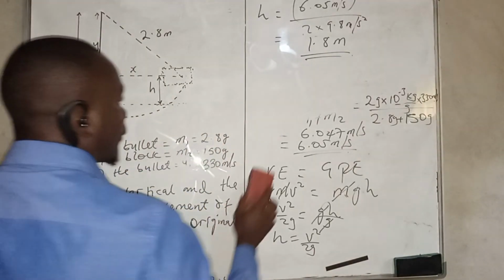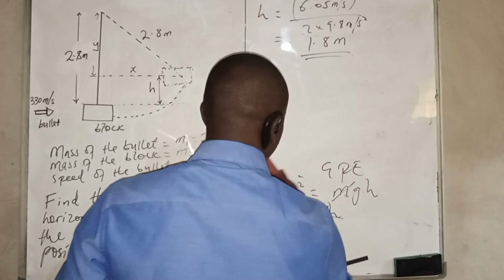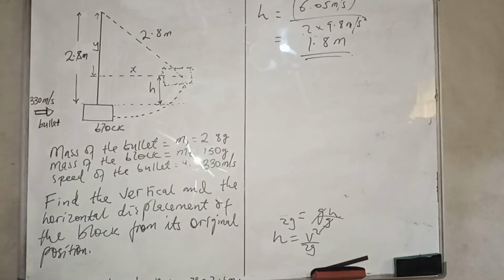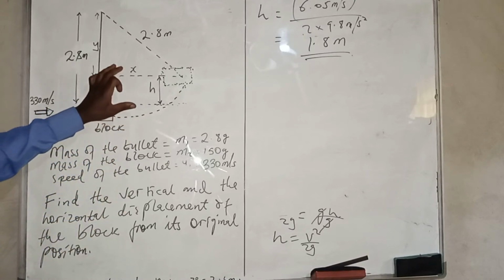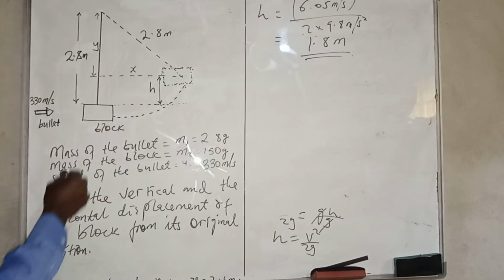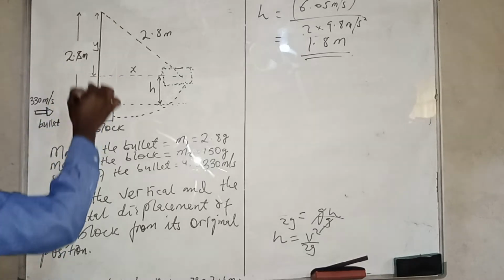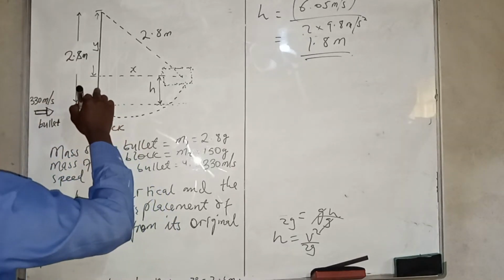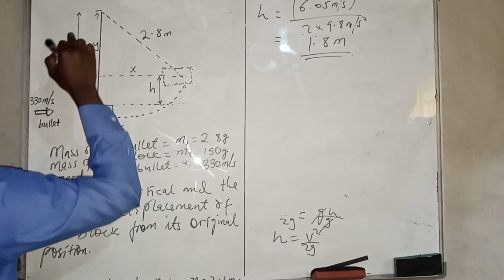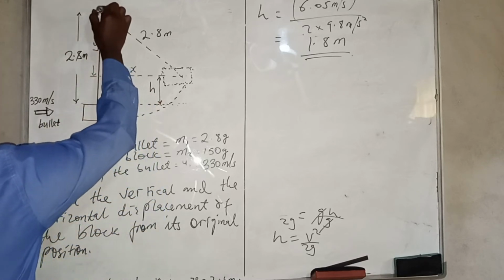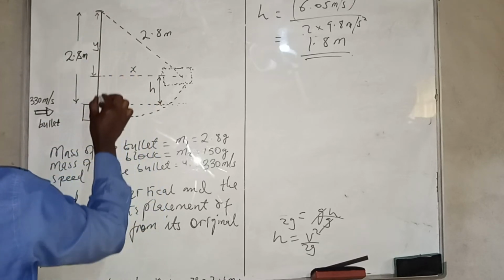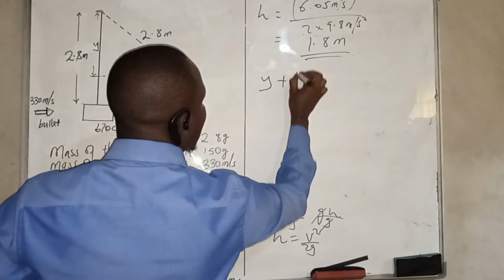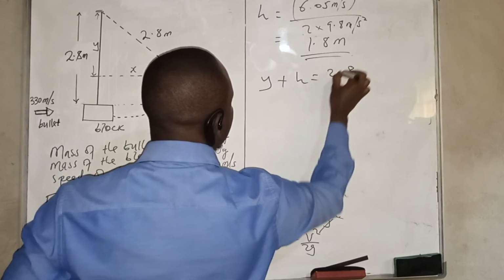And then from this one, we're going to proceed to find the horizontal displacement. But we know that the total length from this point to this point is 2.8. So y plus h, from here to here plus from here to here, must give us 2.8.